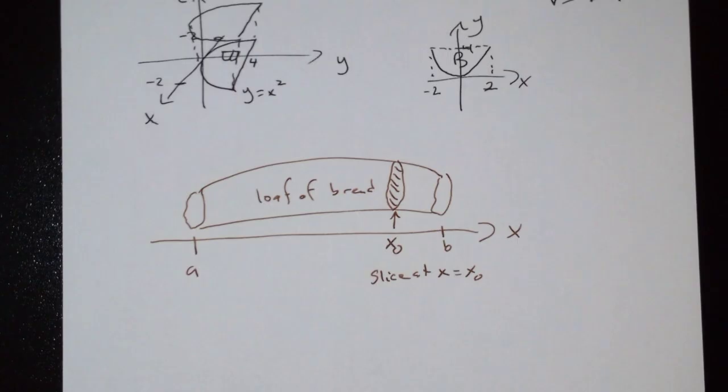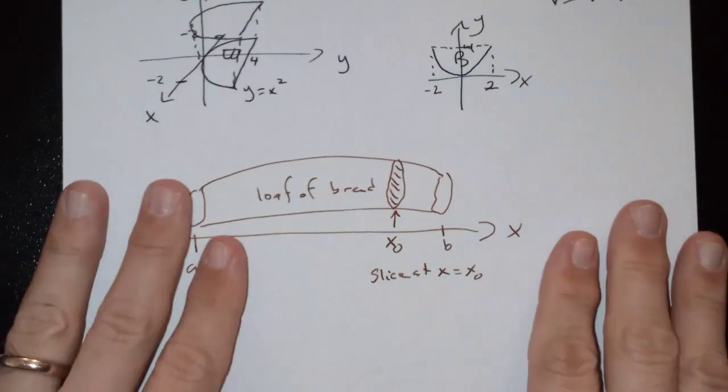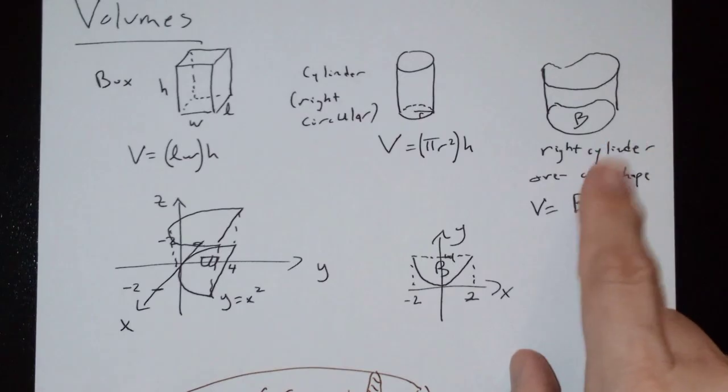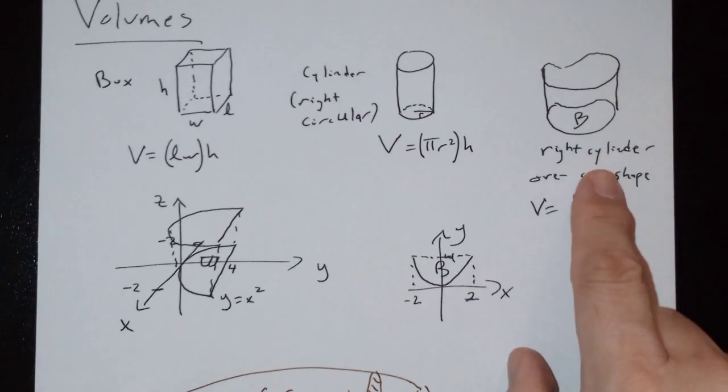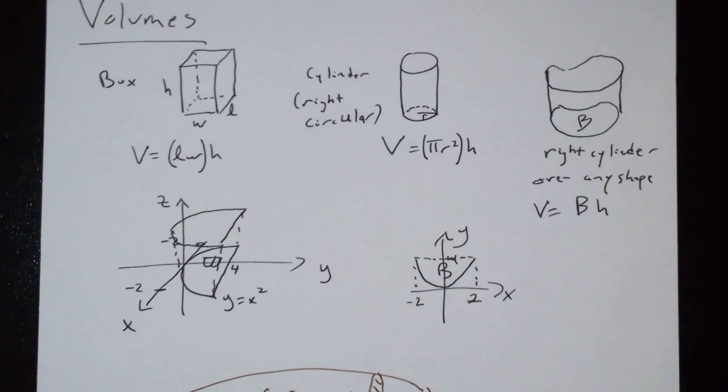Not perfectly, but they'd look really close, wouldn't they? So I can think of a slice of bread like this. If I want the volume of that piece, I need to know the area of that slice, and I multiply by the thickness.